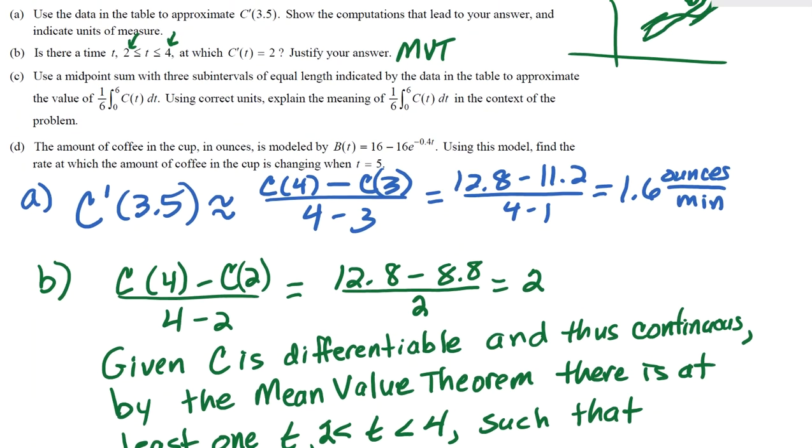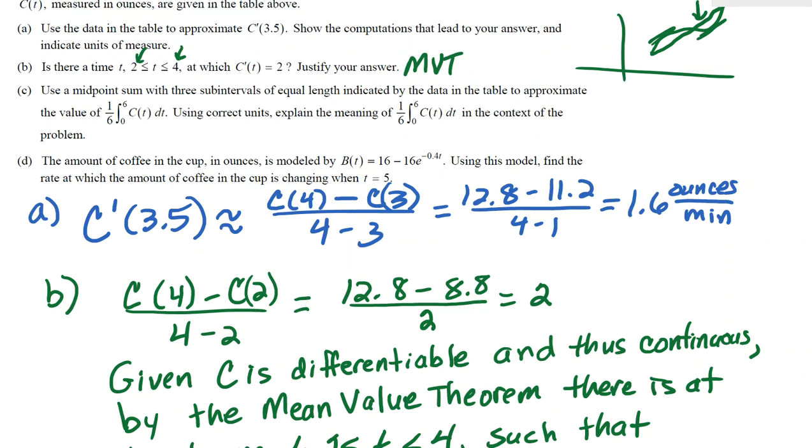All right, let's look at part C. Use the midpoint sum with 3 subintervals of equal length in the data table to approximate 1/6 of the integral from 0 to 6. So when you see this, do you see f average?